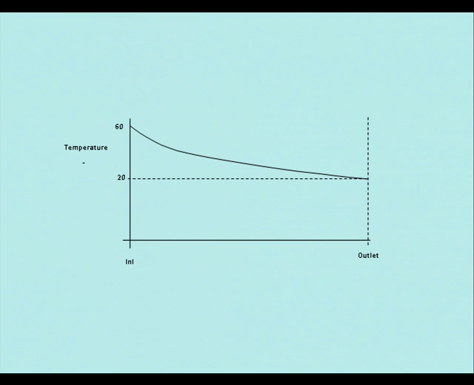But if you'd done it with the exponential one, you would have found the temperature isn't as high in the middle, so this would have been lower, and therefore your U value could be higher. So you don't need so much insulation. The lower the U value, the more insulation you've got.